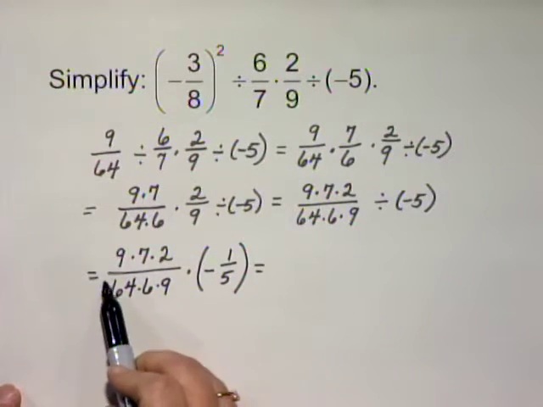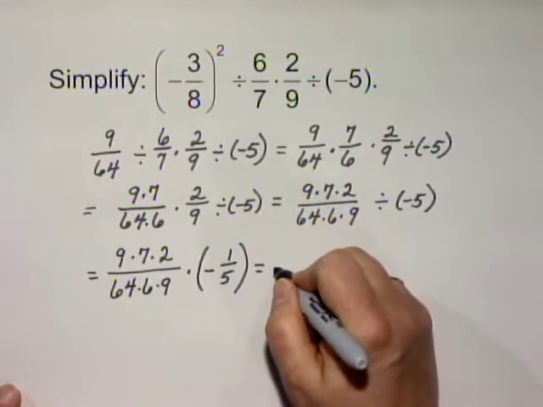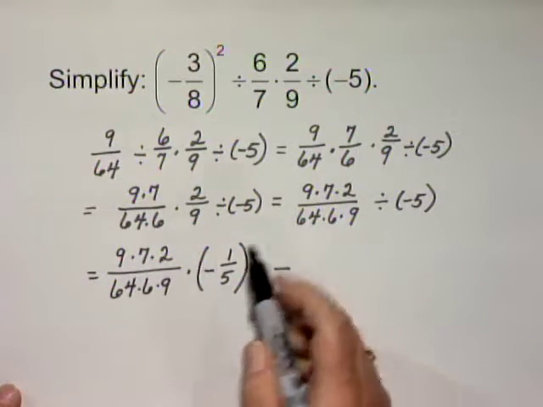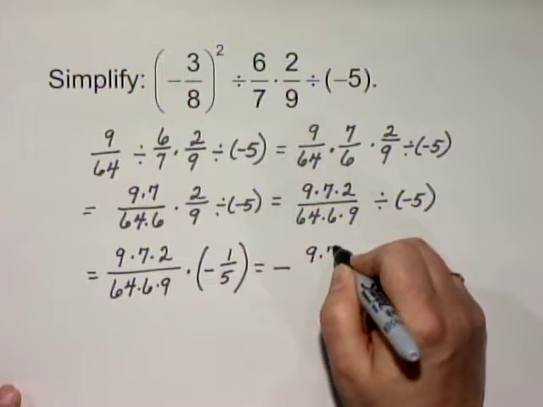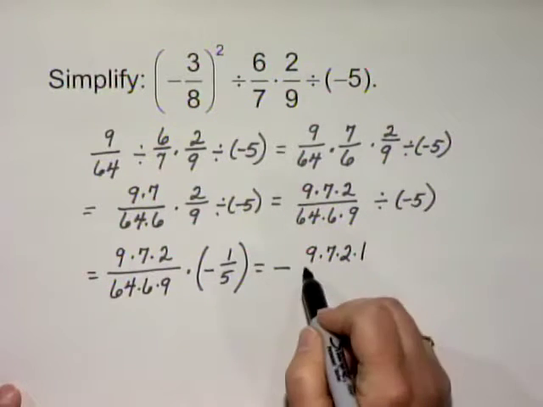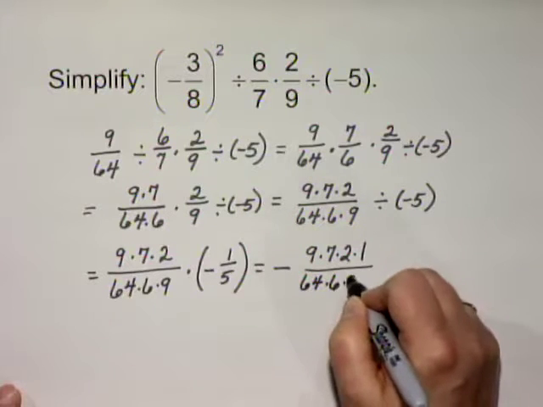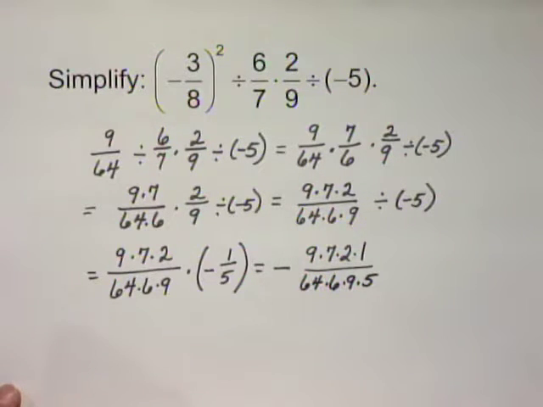I'm multiplying a positive number times a negative number. My product will be negative. In the numerator, I have 9 times 7 times 2 times 1. In the denominator, I have 64 times 6 times 9 times 5.